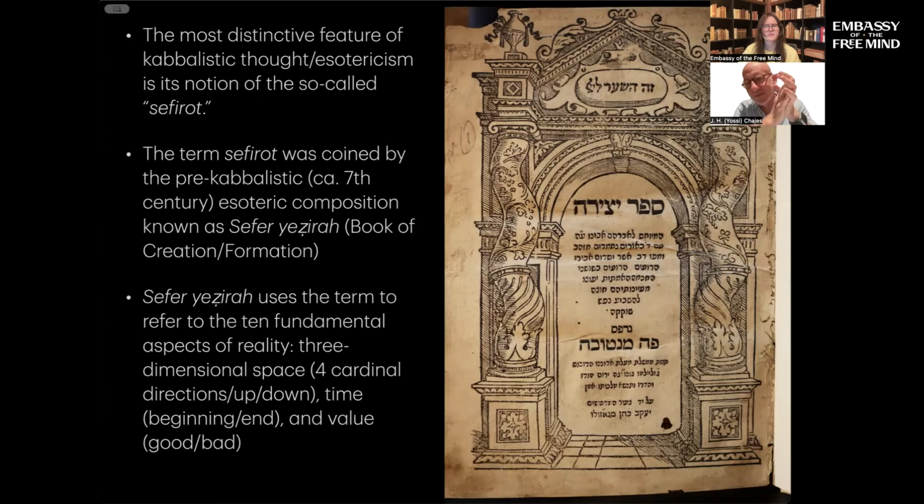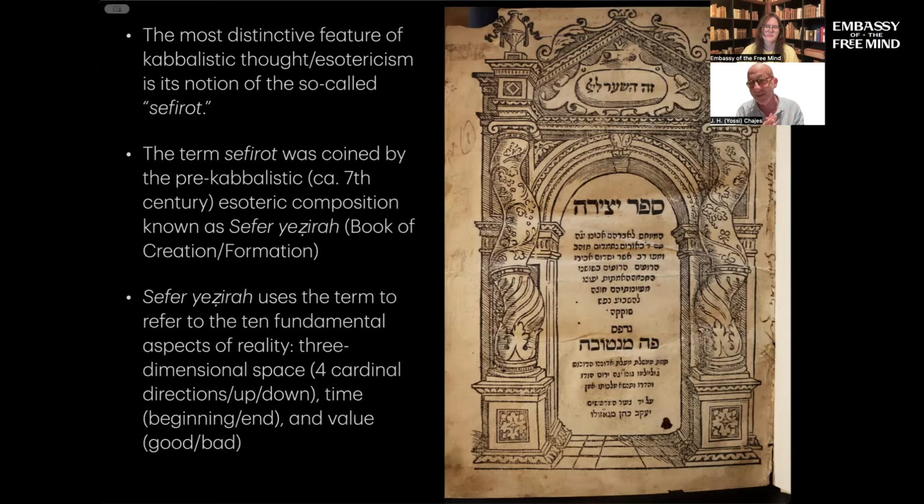So this text had an enormous influence, as I've said, and over some generations, the term sfira was transvalued. I think that may be the best term to use. Its meaning evolved or changed. It's not exactly clear yet how this happened.